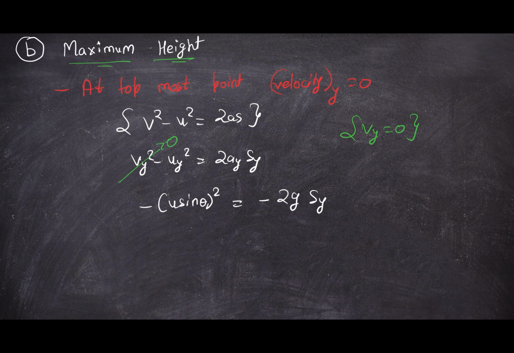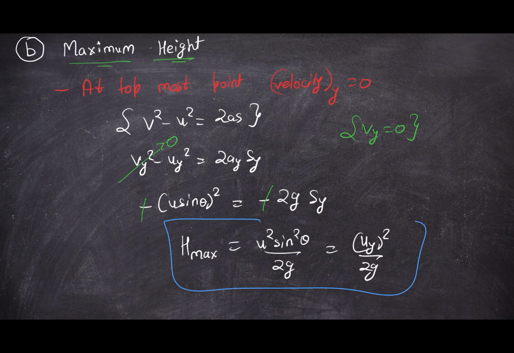So minus minus cancel out, you would get h max is nothing but u square sin square theta by 2g, or I can say uy square by 2g. This is the final relation. Okay, so this is how we solve a question of maximum height.